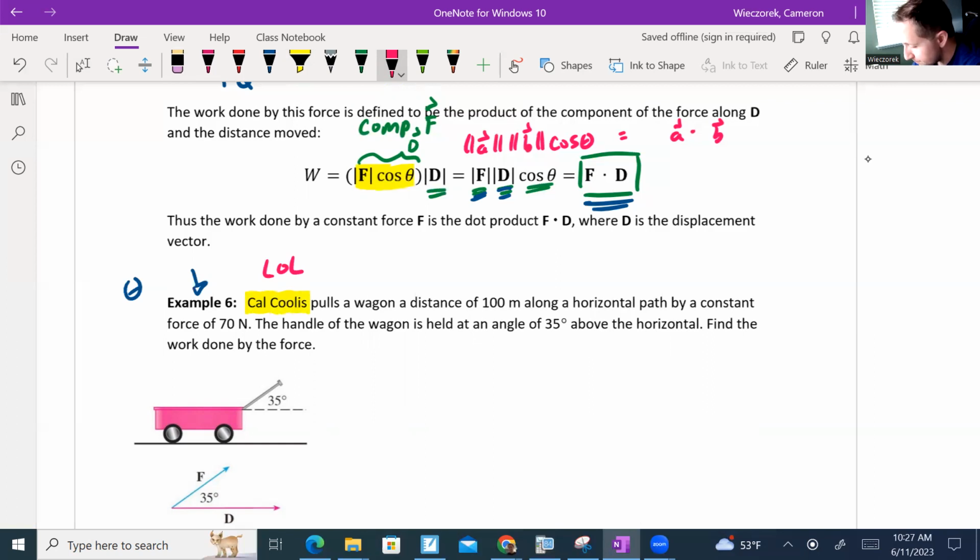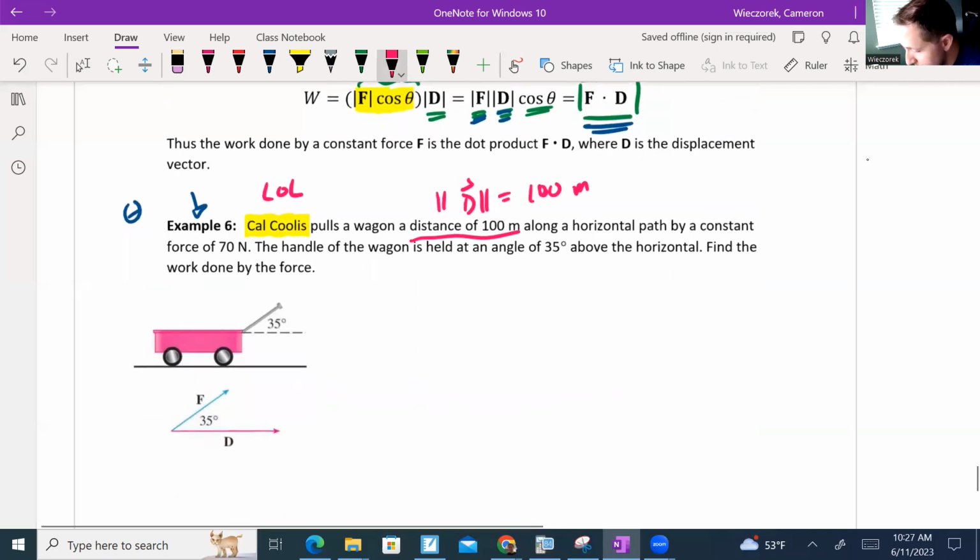Calculus pulls a wagon a distance of 100 meters. So I'm going to already label. There's our magnitude of the displacement vector. We're moving the wagon 100 meters along a horizontal path by a constant force of 70 newtons. Okay, so kind of set the scene here. Here's you moving the wagon along the ground.